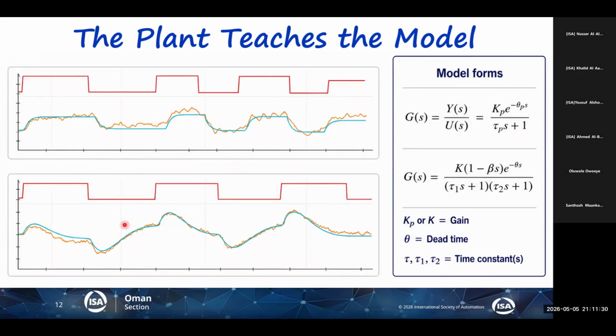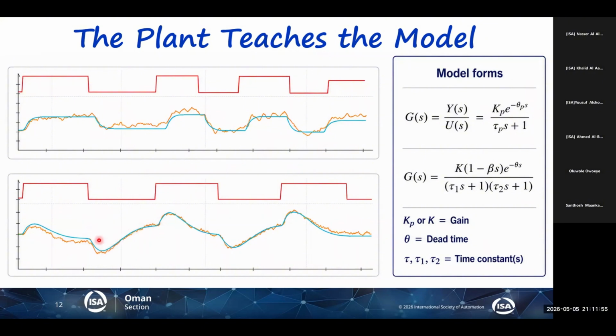The second one, I find this one very interesting. From the process knowledge, one would think, you see, this is a negative gain. You reduce the handle, this MV is reducing, and at steady state, the response is increasing. Yeah, the CV is increasing, but first it goes down and then up.